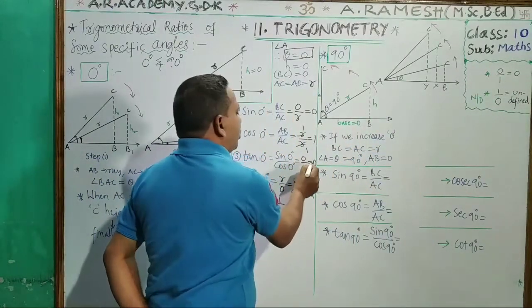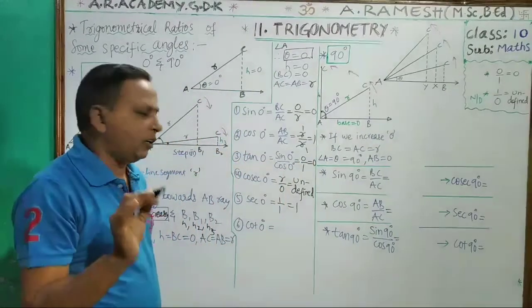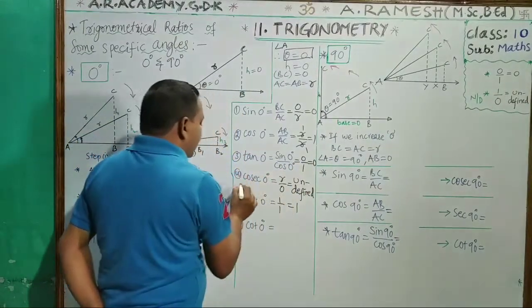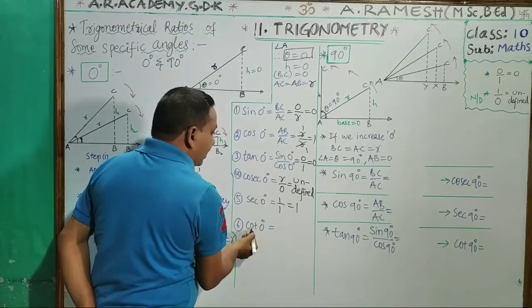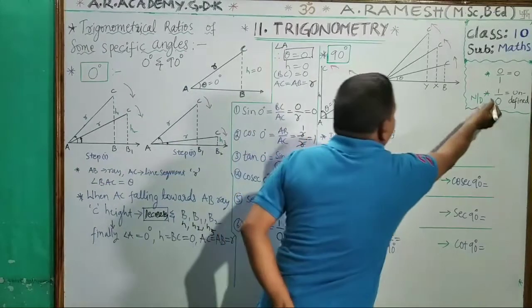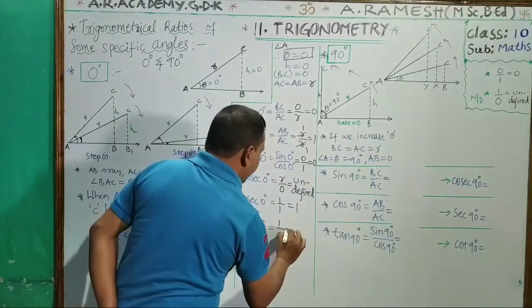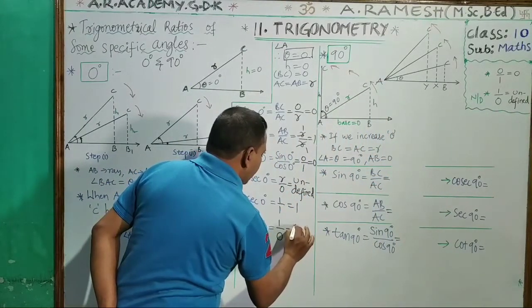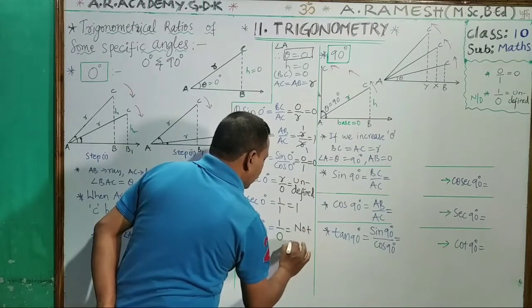So tan 0 value is 0. The reciprocal of this is cot theta, so this is 1 by 0. 1 by 0 means undefined, not determined.